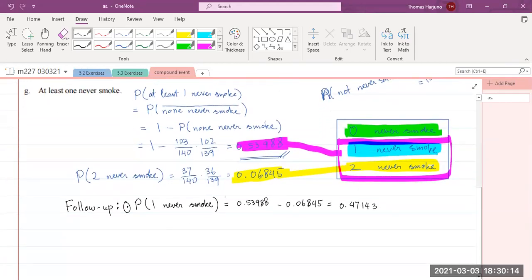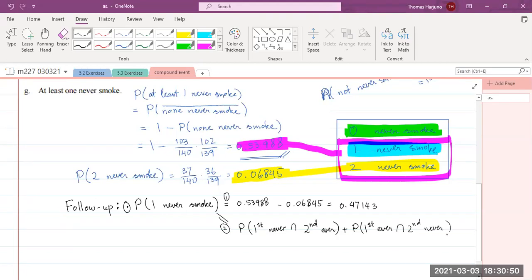The second method, which I think makes more sense, okay? The probability that one of them never smoke is this: probability that the first one never and the second person ever, plus, you see the order, never and then ever, plus probability that the first person ever smoke and the second person never smoke.